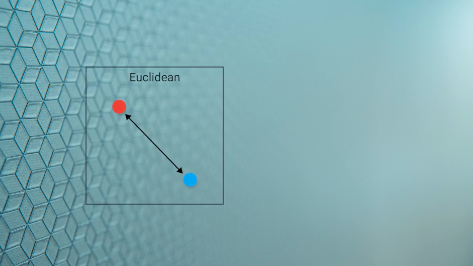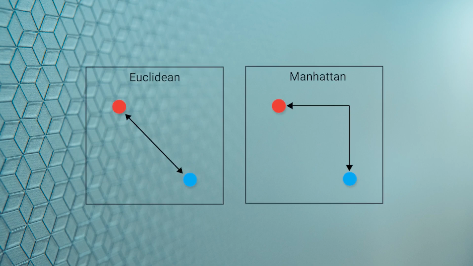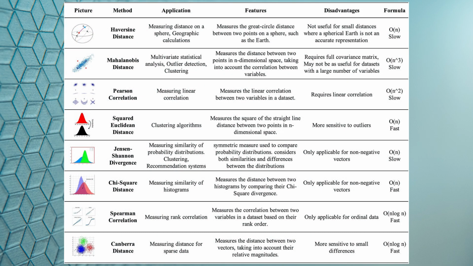The classical methods for distance measures are the Euclidean and the Manhattan distances. However, alternative distance measures exist, such as the correlation-based distances, the Gower distance measure, which is commonly used for datasets containing categorical and ordinal features, and the cosine distance.